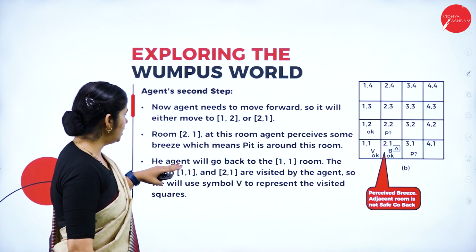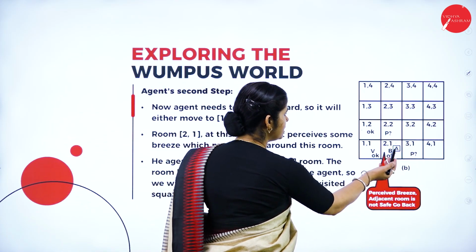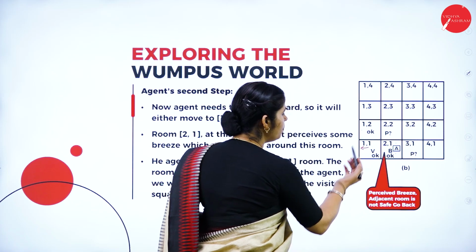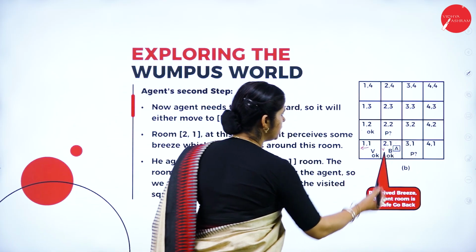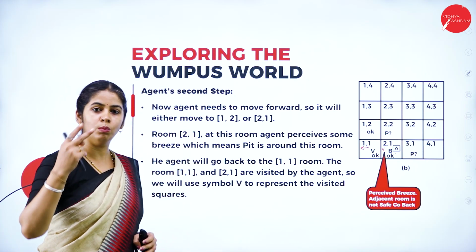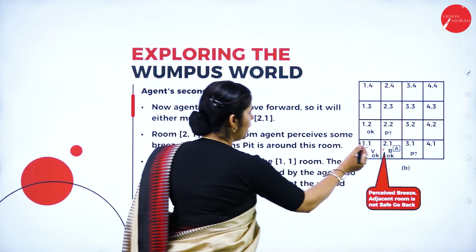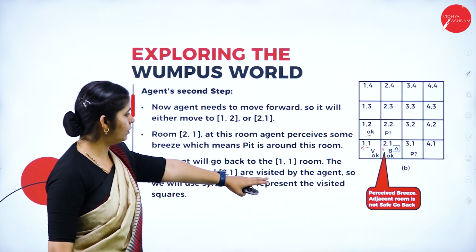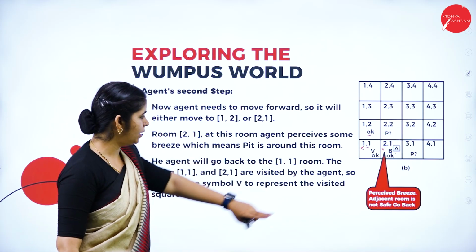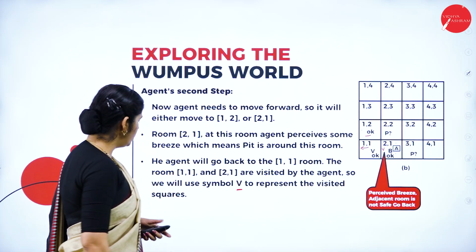The agent will go back to 1,1 because a pit is nearby. So the agent will go back to 1,1 and it will be marked as visited, because the agent had moved to 2,1 and came back to 1,1. Then after that he'll move to 1,2. Then it is visited by the agent. So we will use the symbol V to represent the visited square.